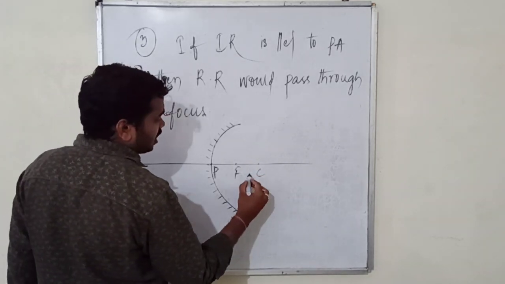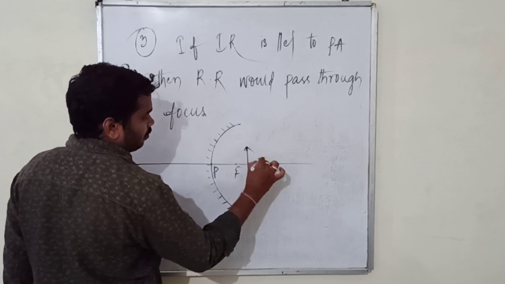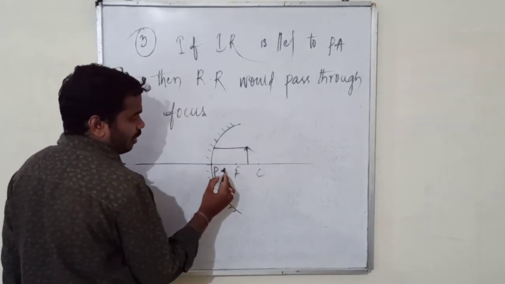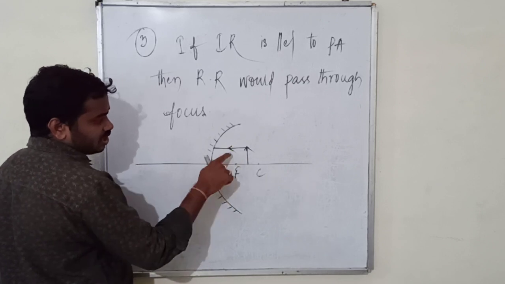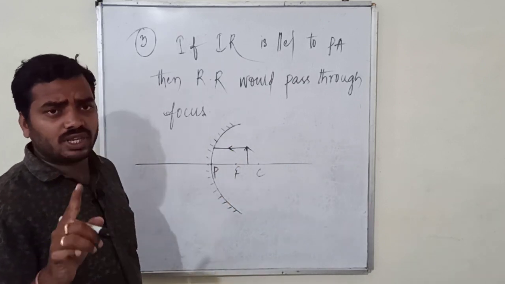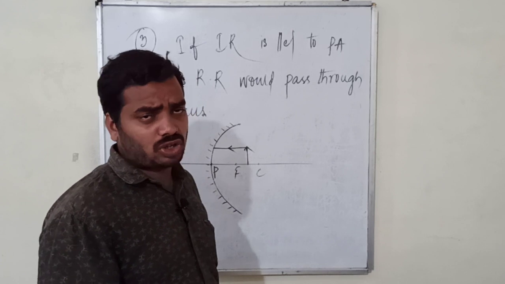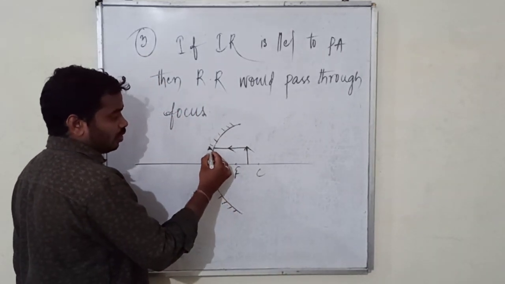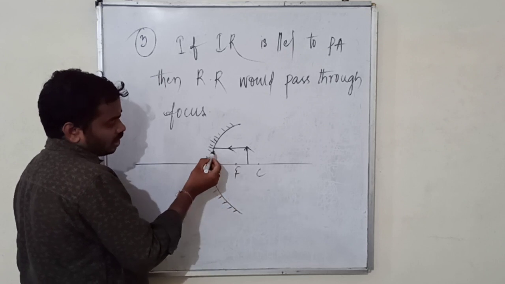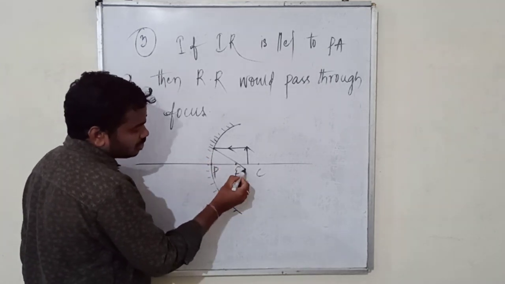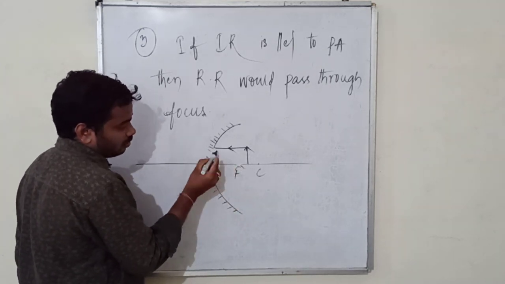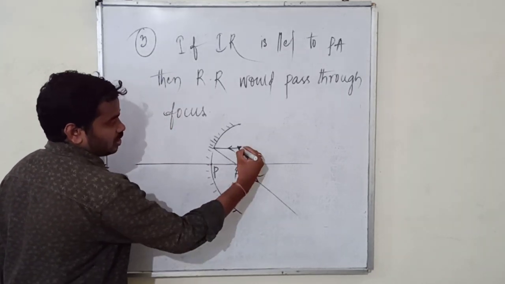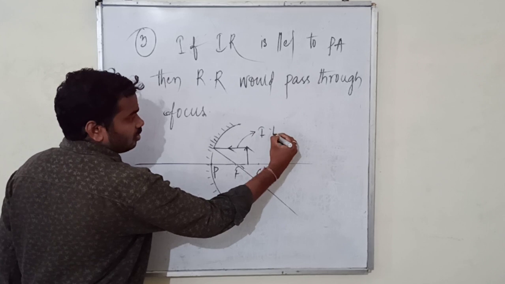Now let us consider an object over here. The incident ray is parallel. Remember, this is the incident ray. The incident ray always falls upon the mirror from the object or source. So this is the incident ray which is moving towards the mirror. Then the reflected ray must pass through focus. This is the reflected ray.